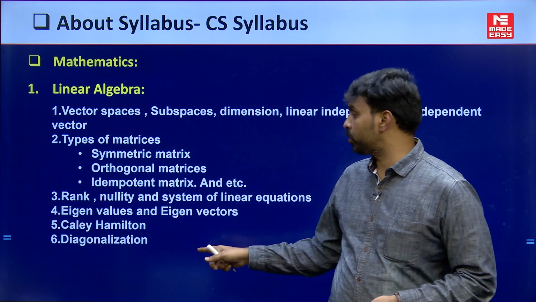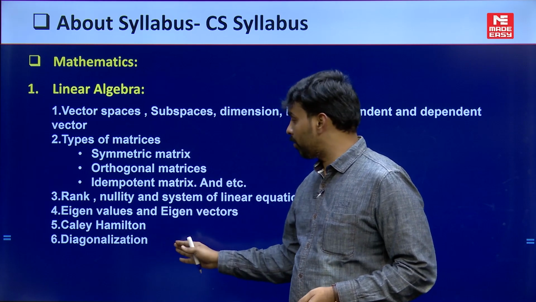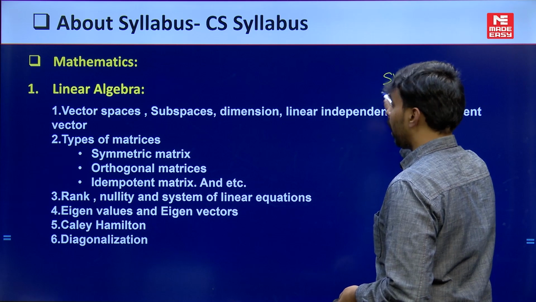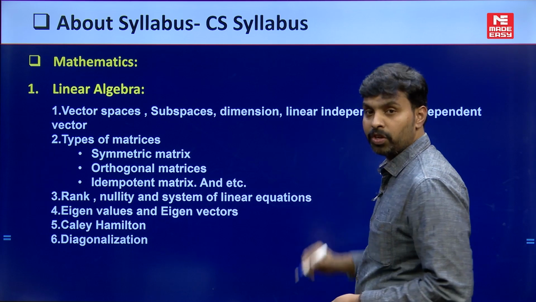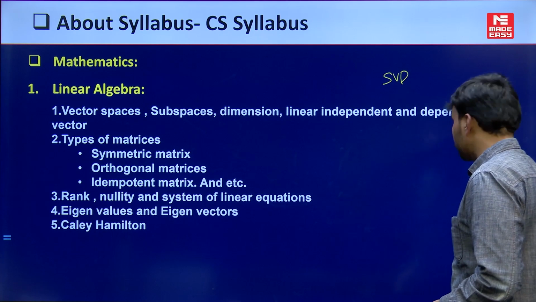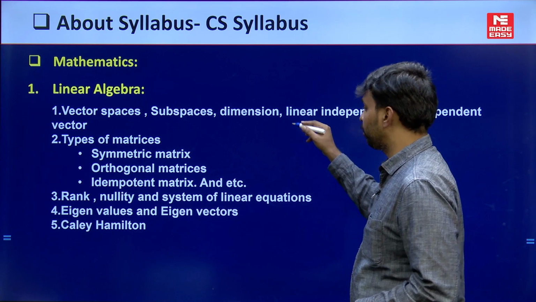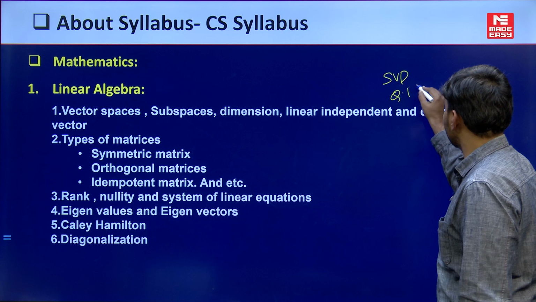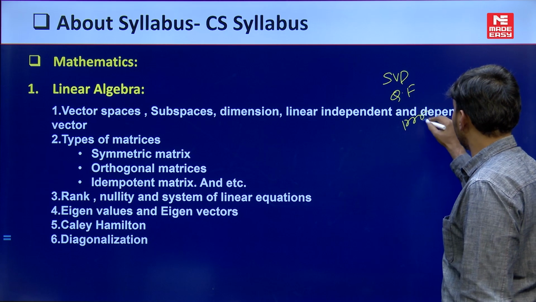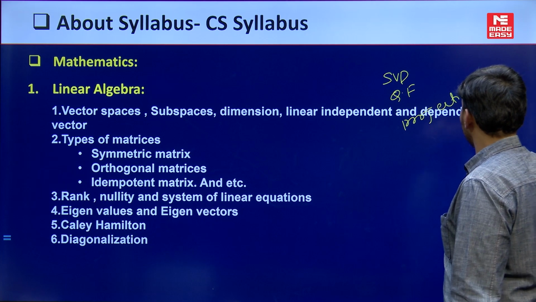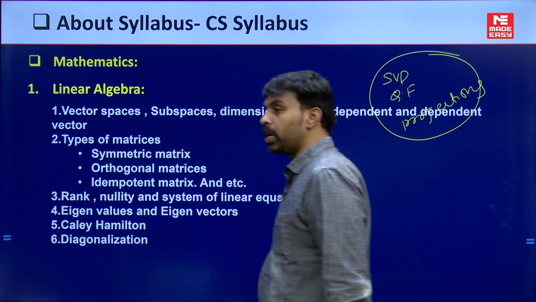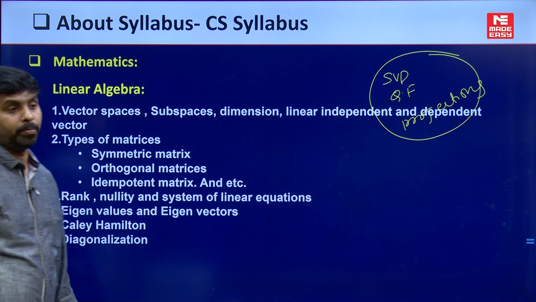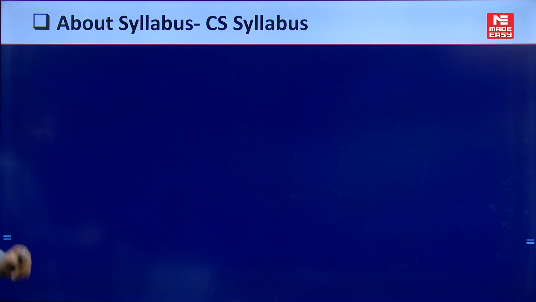Singular value decomposition, SVD, you have to study extra. You also need to study quadratic forms and projections. These are the areas you need to study extra, other than the computer science linear algebra.